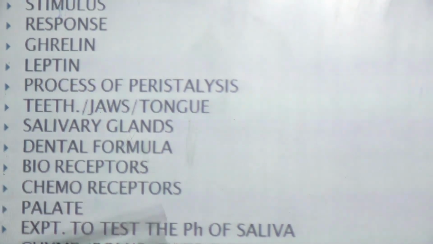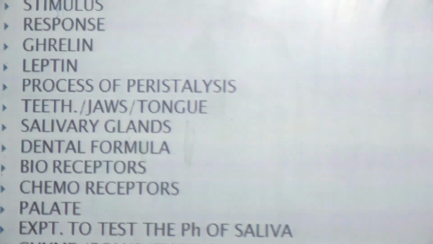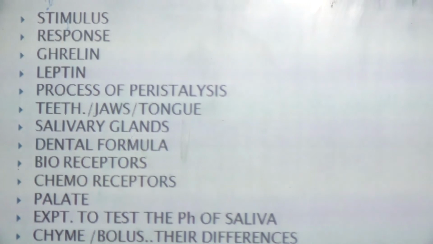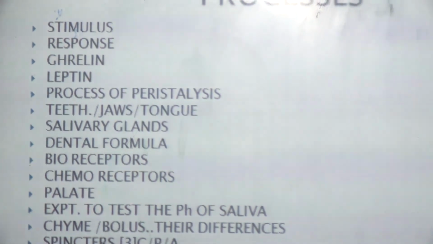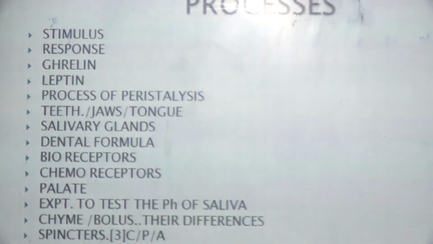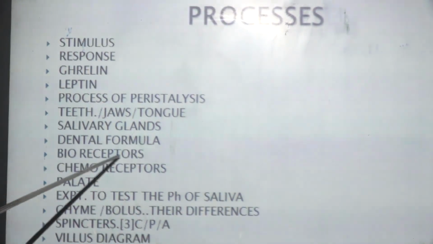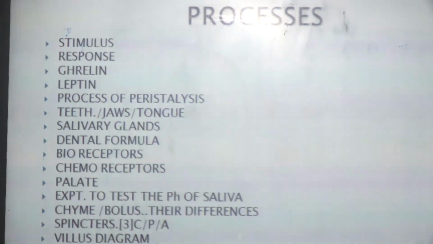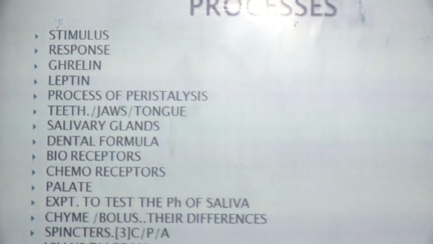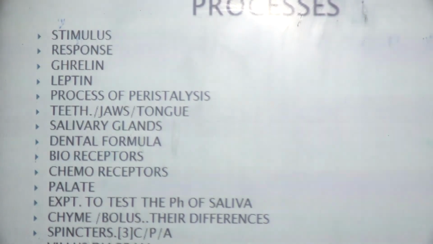Then what are bioreceptors? Receptors are the particular organs that collect information from various sources. The receptors present in the body of the human or the body of the organism, the living being, are called bioreceptors. When people are thirsty, definitely the throat becomes dry. That means the receptors in the throat are getting dry.